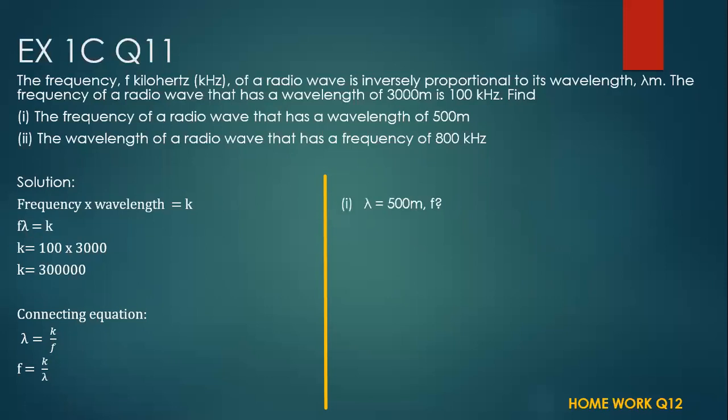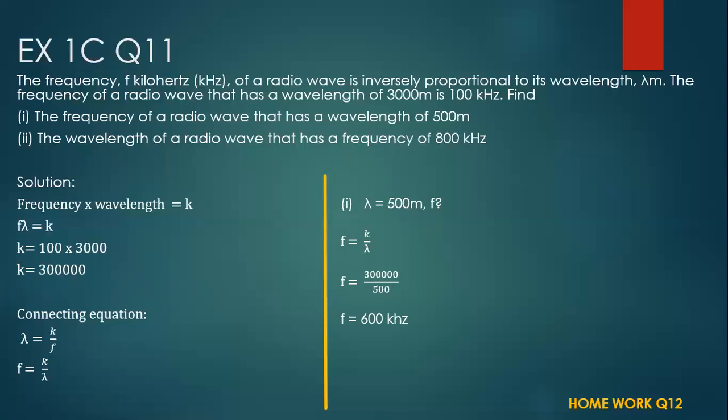Now, if the wavelength is 500 meters, how much is the frequency? So you have to find F. So F is K upon wavelength, which is lambda. Now K is this 300,000 and value of wavelength is 500. So 300,000 upon 500 gives you 600 kilohertz.